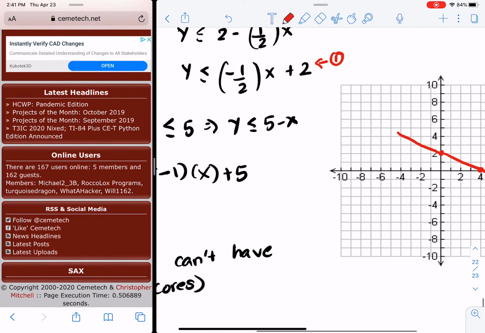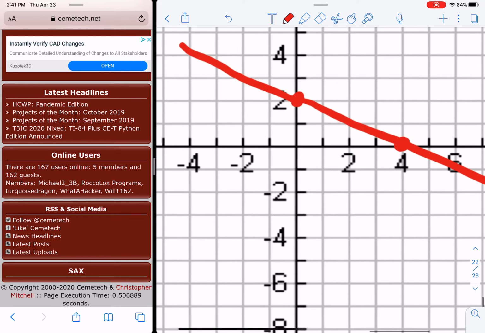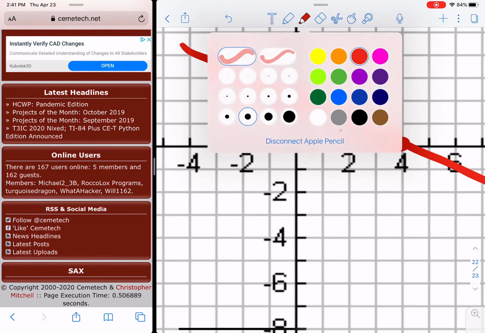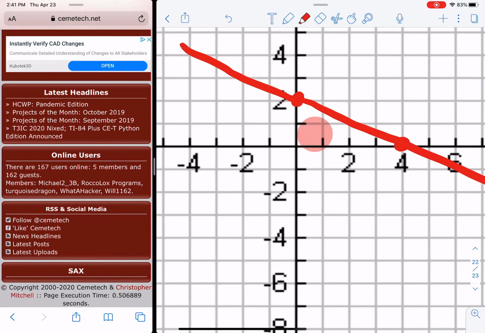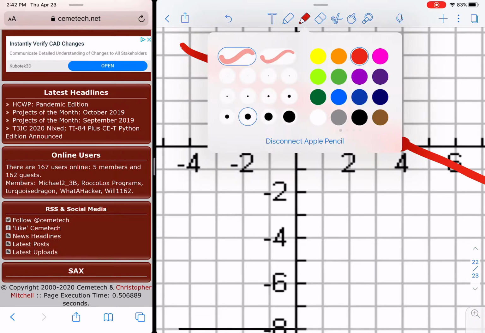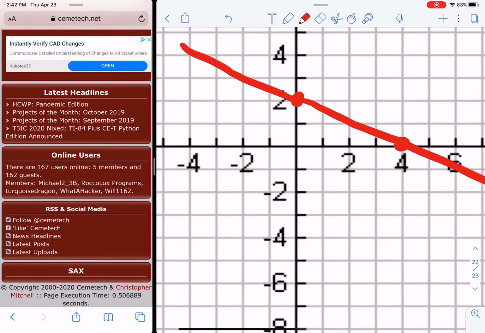And since it is less than or equal to, and I'm looking at the first quadrant, I'm just going to shade. There.